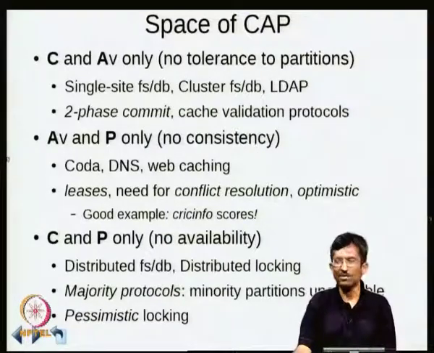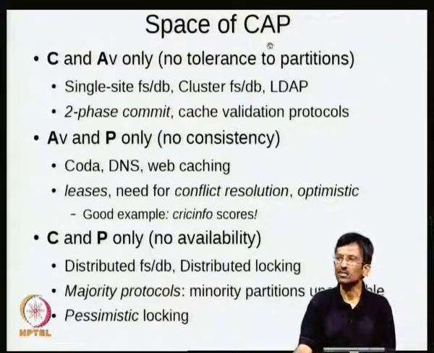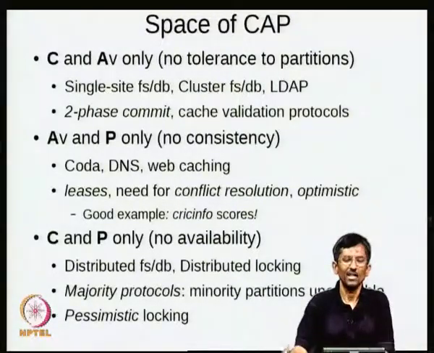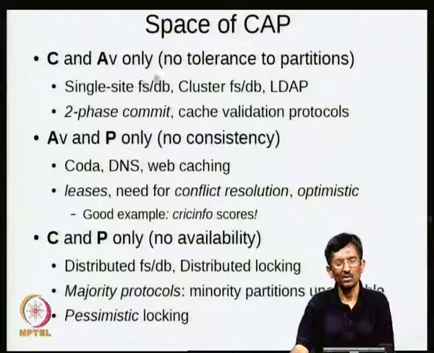You can see many cases of this. What are the kinds of situations that we come into? For example, I can have consistency and availability only. If you take a single site file system, on a single desktop system, I can have consistency with the database, and I can have availability. That is, I do not expect any failures.